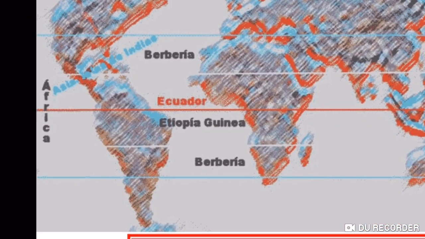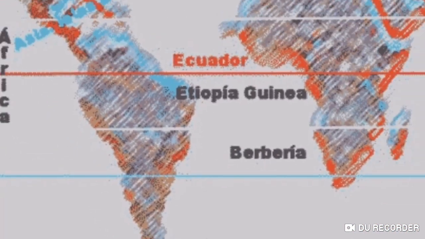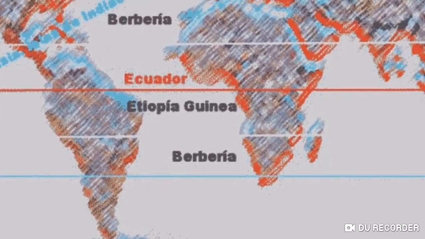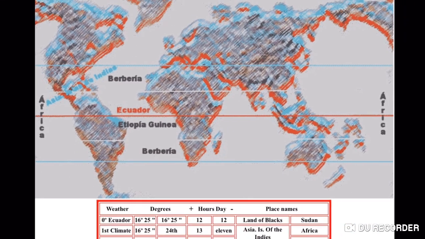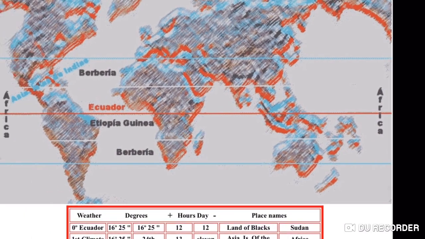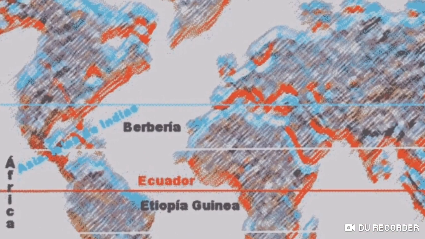We know from this book that Morocco, Marruecos, is right here, and we got Mauritania right there, and Berberia. They find Moroccan artifacts. In all these quadrants, they find artifacts that connect.